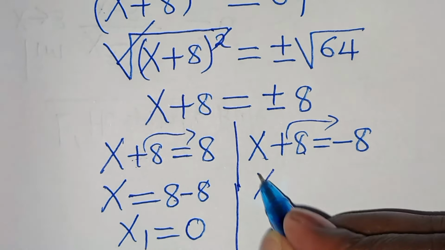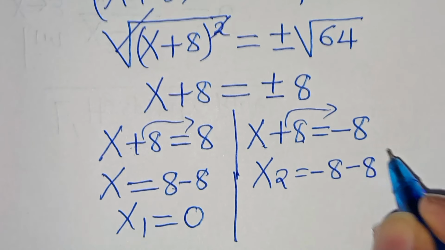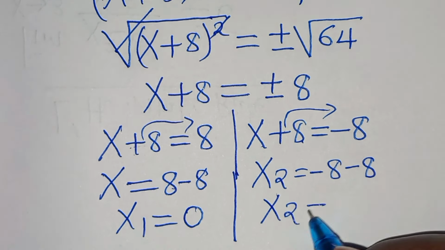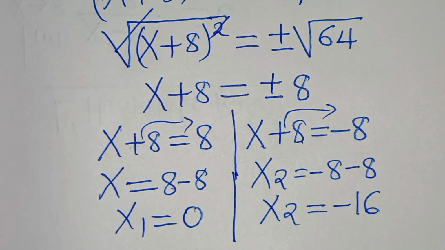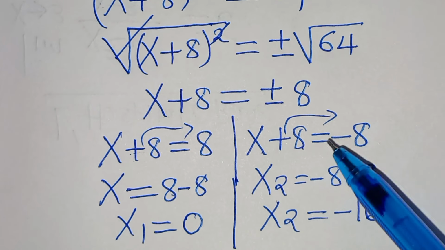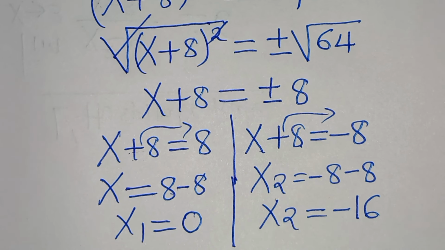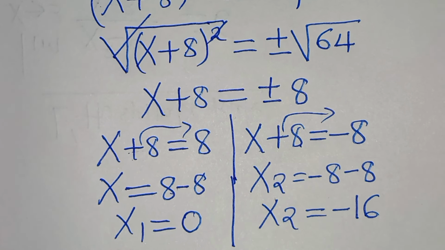This means that x2 is equal to minus 8 minus 8, and this means that x2 is equal to minus 16. x1 is 0, x2 is minus 16. So all the methods, method 1, 2, and 3, give us x1 as 0 and x2 as minus 16. So let's verify that these two values of x satisfy the equation as follows.